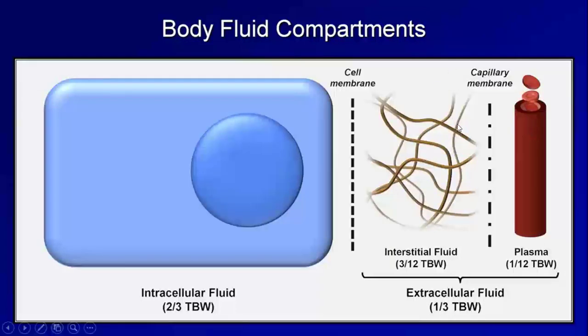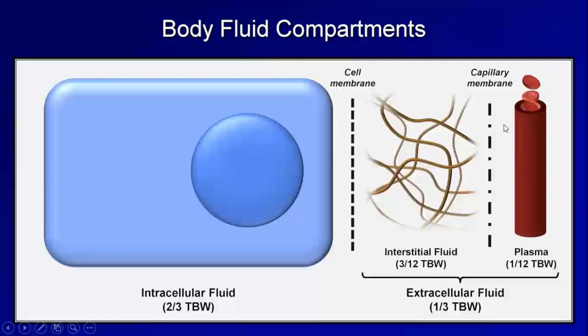What keeps these differences in compartmental distribution of the fluid? Those 2 membranes, and those 2 membranes are different in characters. We have the capillary membrane. This is the membrane between the intravascular space and the interstitium, and this membrane is permeable to water and small molecules.